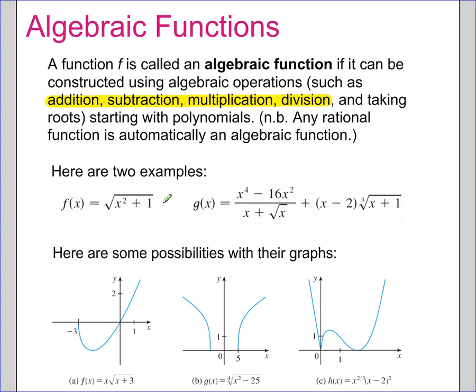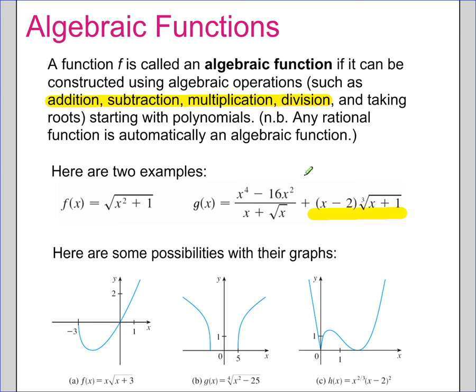We'd call that a mix of addition and roots. So this is in that algebraic category. And although g starts out looking like maybe it's a rational function, now we got some stuff added on here, and the best classification we can make is algebraic.